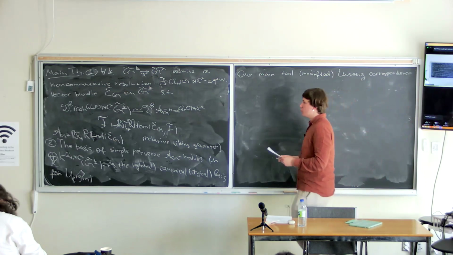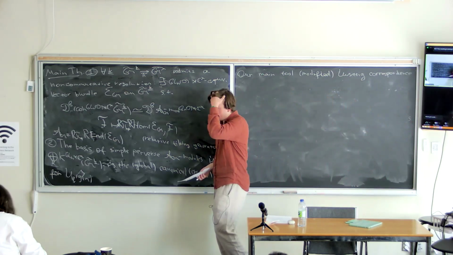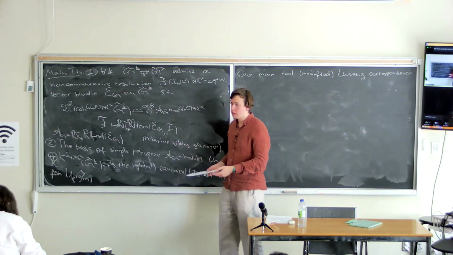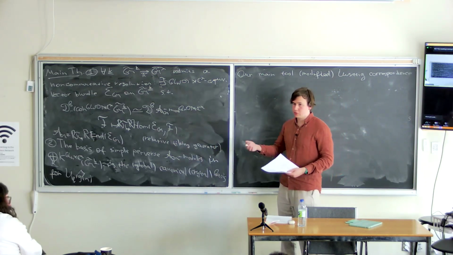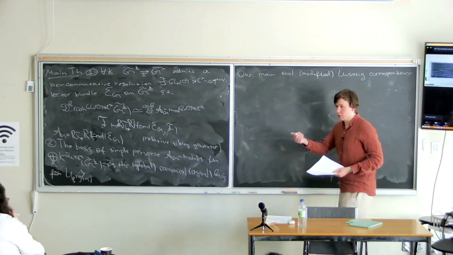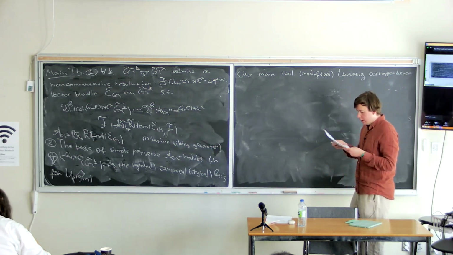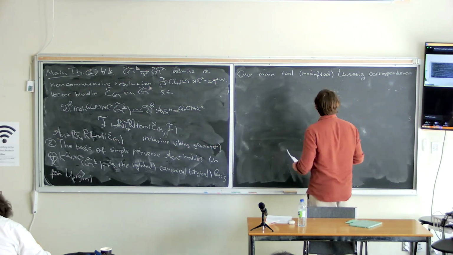That's an idea which goes back to Lusztig, that in type A, the geometry of the affine Grassmannian is related to the geometry of the nilpotent cone, so to the Springer resolution, which I spoke about before, and we will use that. So how it works.